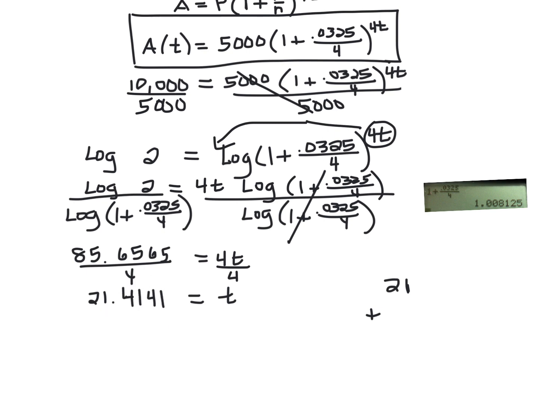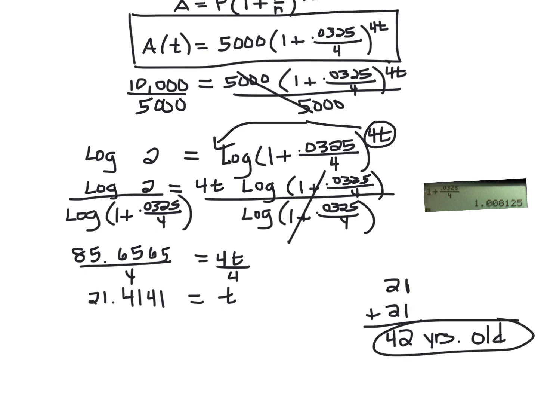No matter what the assessment was, even if this was 21.6, 21.8, it still happens within that 21st year. So I'm going to add on 21 to his original age, and that lets us know that he will be 42 years old when his account doubles. And that is our answer.